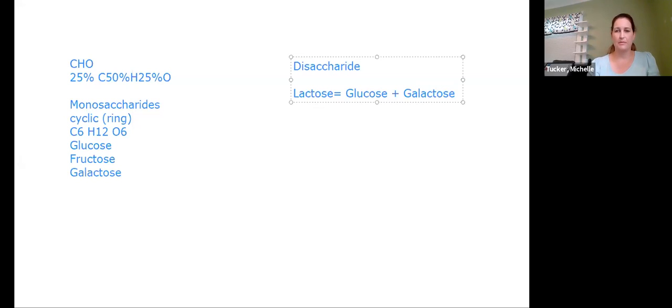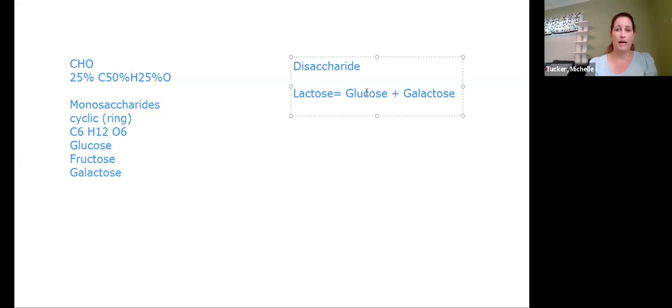If you buy Lactaid milk, it's had that enzyme added, and so lactose has already been broken down into glucose and galactose, which is why it tastes sweeter, because now instead of a disaccharide, you have 2 monosaccharides. So your taste buds are tasting 2 sugars instead of just 1.